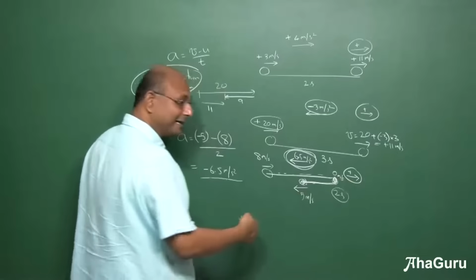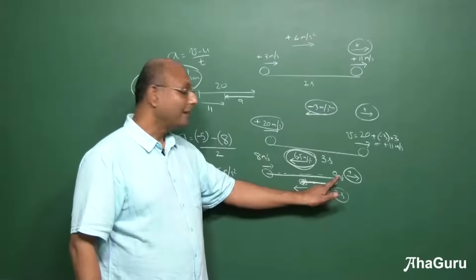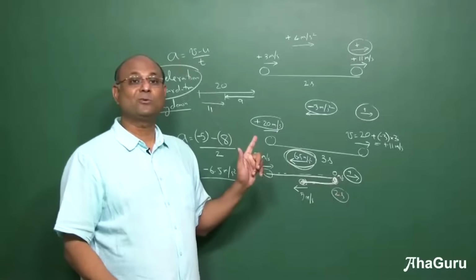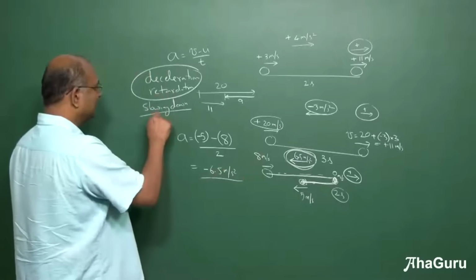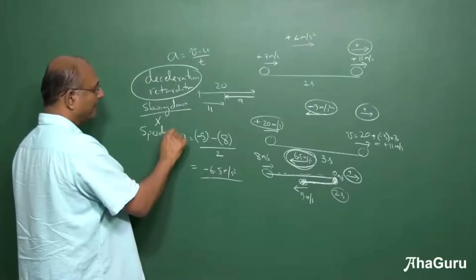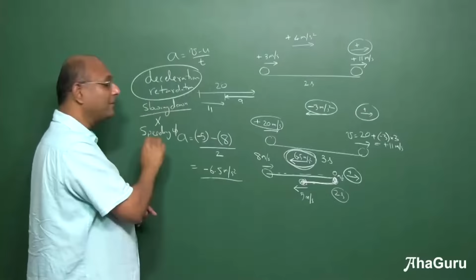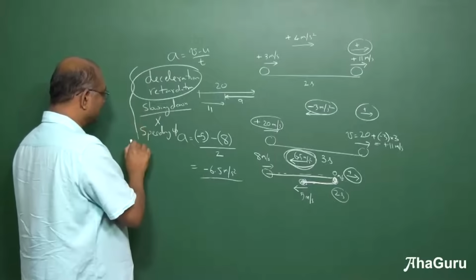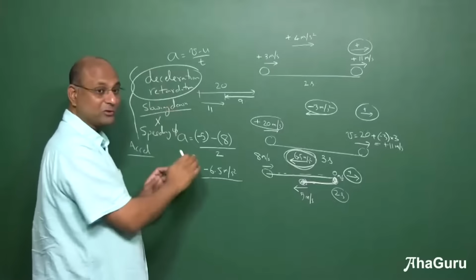Is it decelerating? No. It was only decelerating from 8 to 0. It was speeding up from 0 to 5. The opposite of deceleration is speeding up. Both these, deceleration and speeding up, together are acceleration. Acceleration includes both of these.